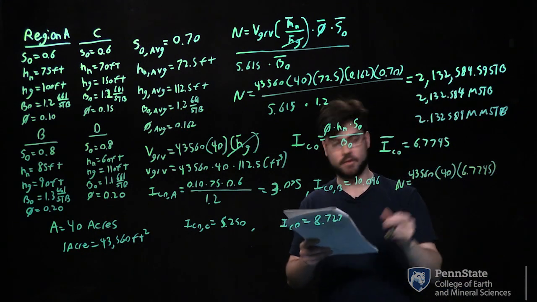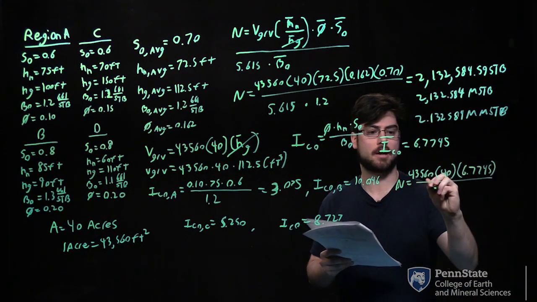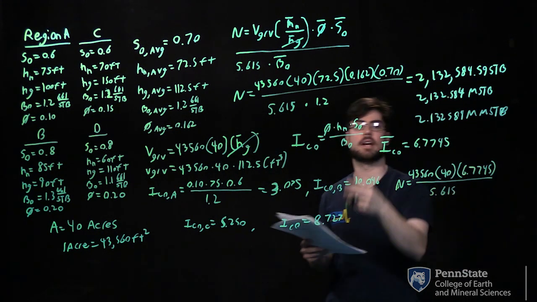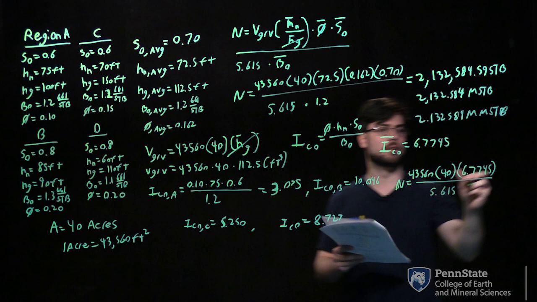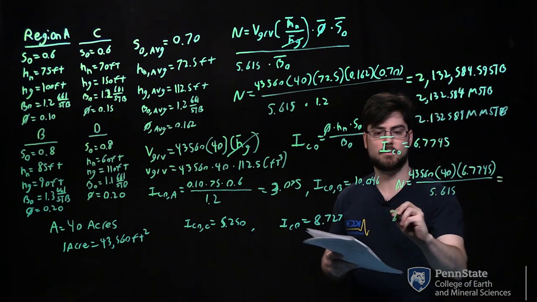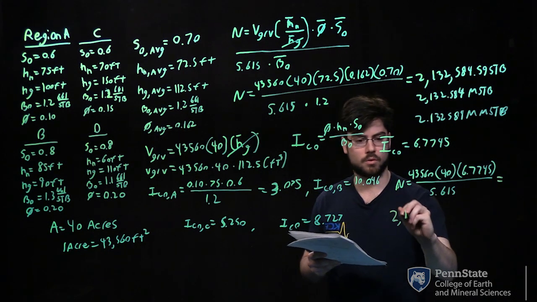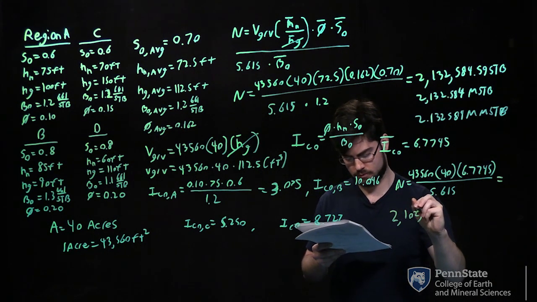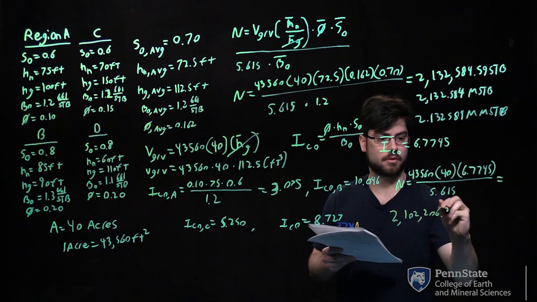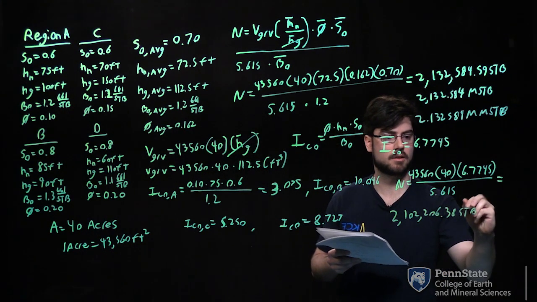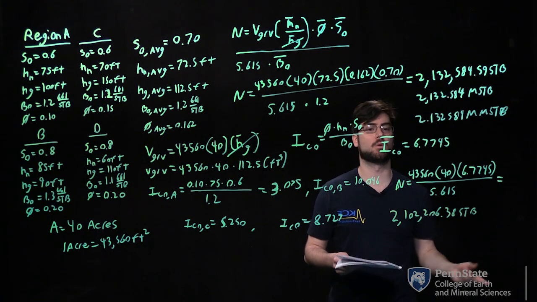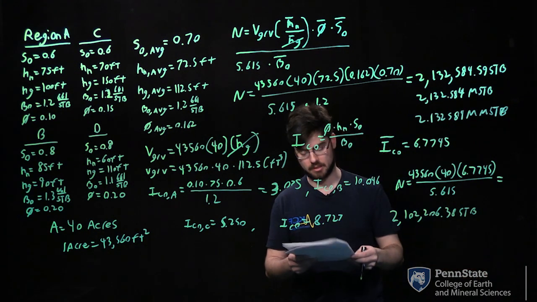And then we're going to divide by 5.615, because everything else that's not included here is already accounted for when you compare it to N. So this is going to equal 2,102,206.38 STB. Or you can write it as 2,102.206 MSTB or 2.102 MMSTB.